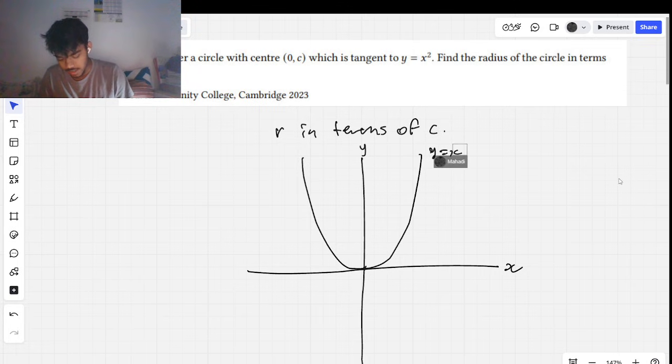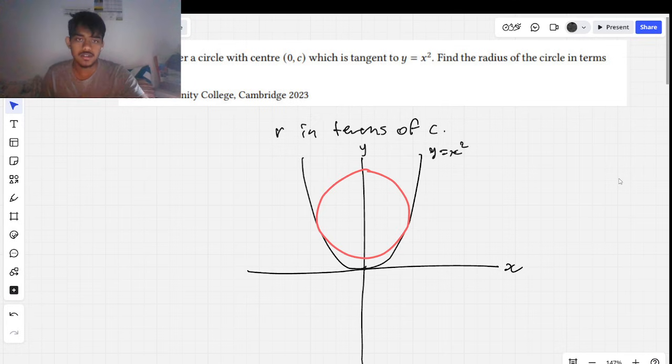Now, the question doesn't actually define what it means to be tangent to the y equals x squared curve. So, for instance, you could mean a circle like this, which is the most obvious thought.